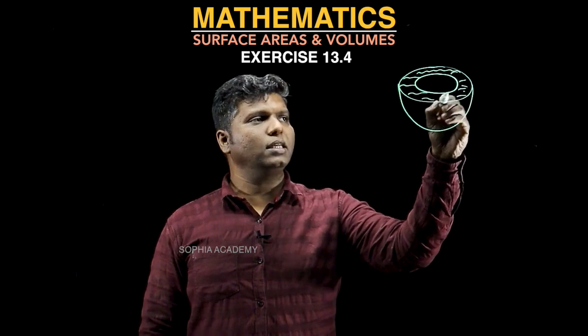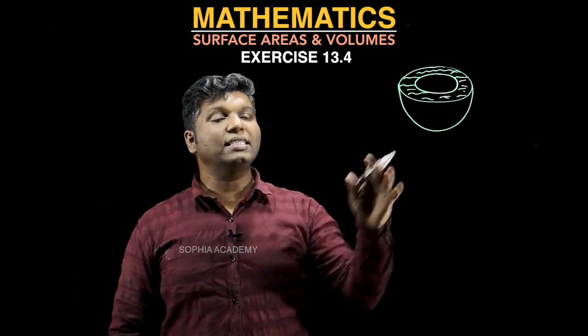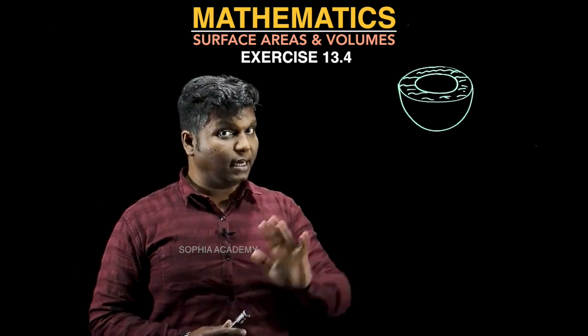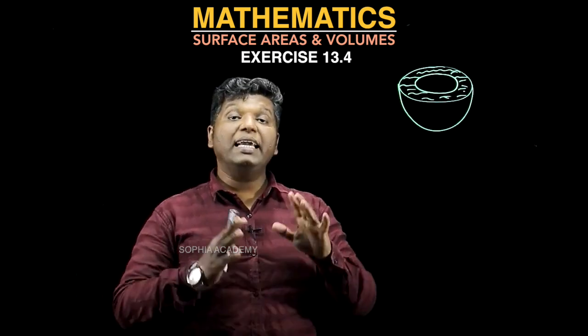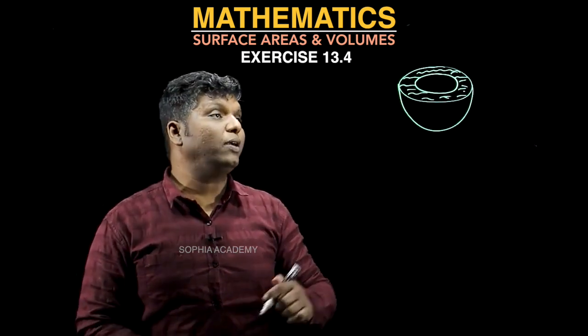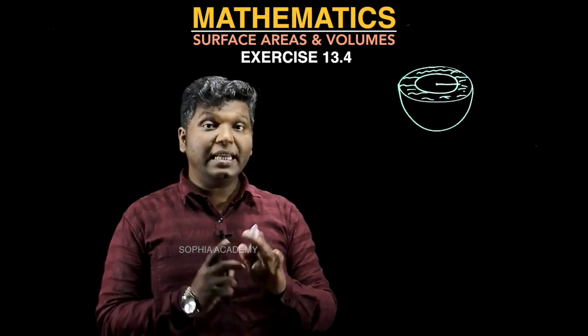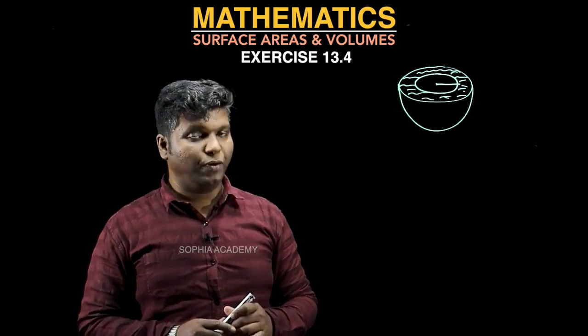This is the total thickness of that one. So regarding this thickness, what is given? It is 0.25 centimeter. Then one more thing is given. The inner radius of the bowl is 5 centimeter. Inner radius means from here up to here. The inner radius is given as 5 centimeter.